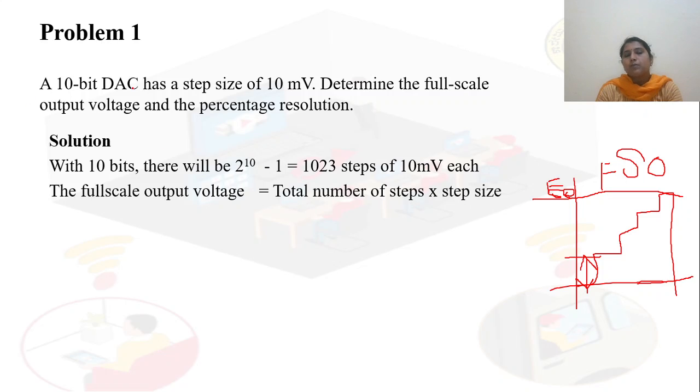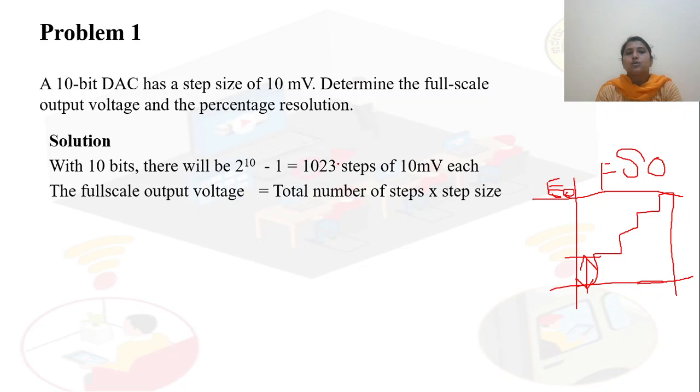So here the total number of steps is 2 to the power of 10 minus 1. 2 to the power of 10 is 1024, so minus 1 means 1023 steps.